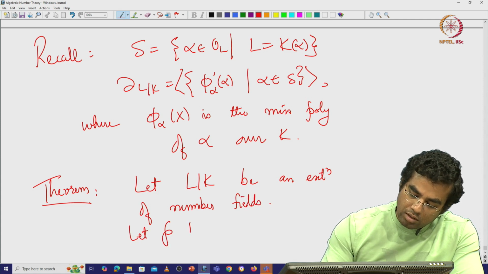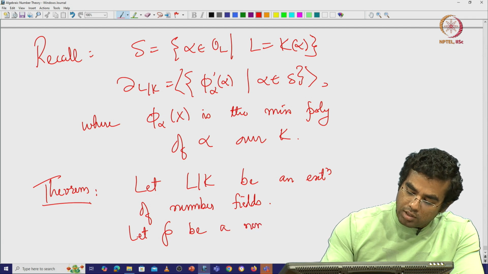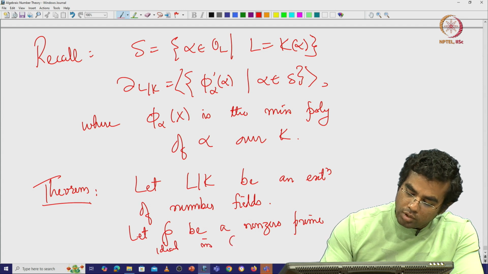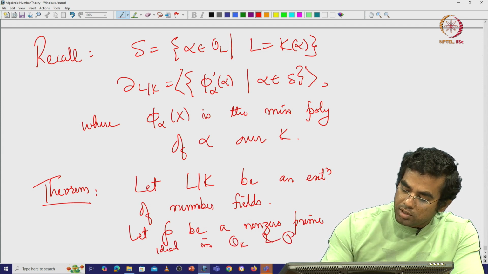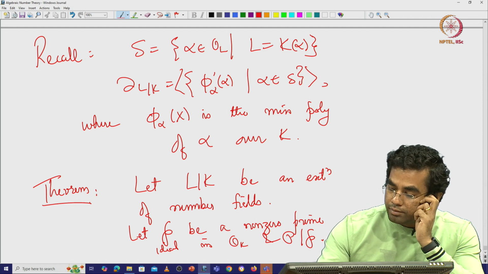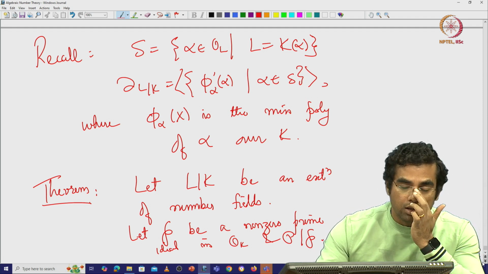Let P be a non-zero prime ideal in O_K, and capital P divide small p. So capital P is above small p inside L.